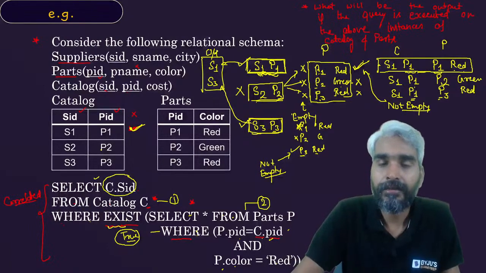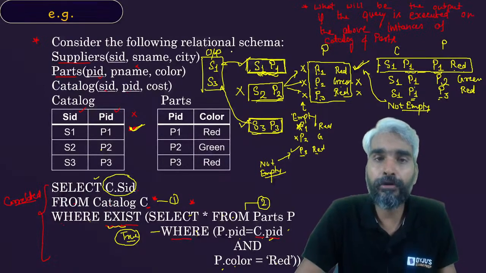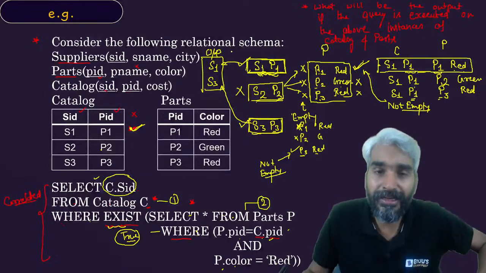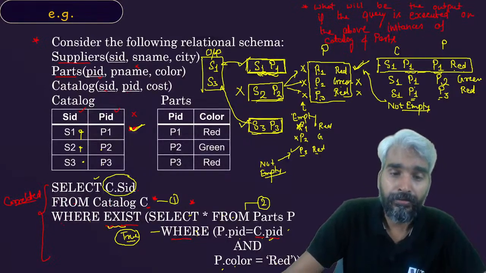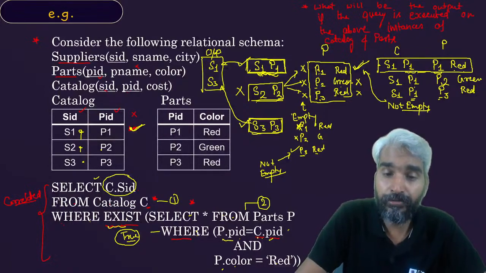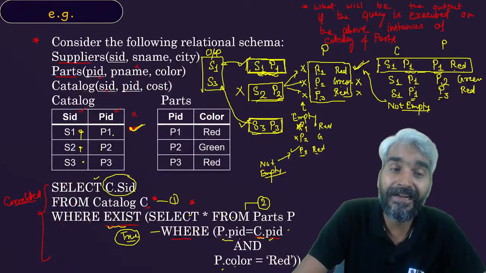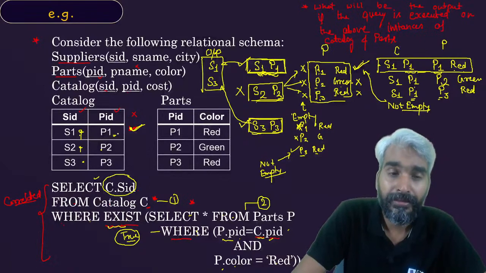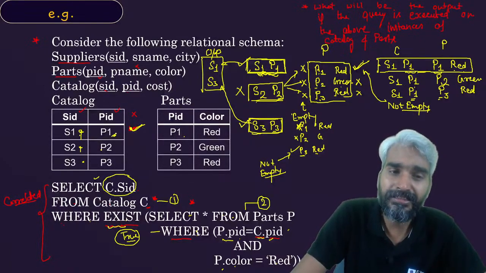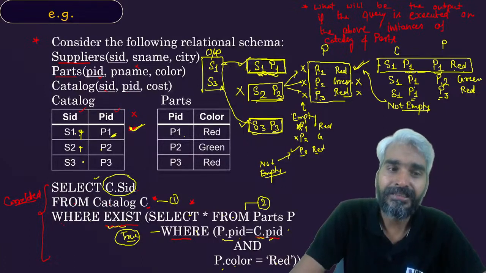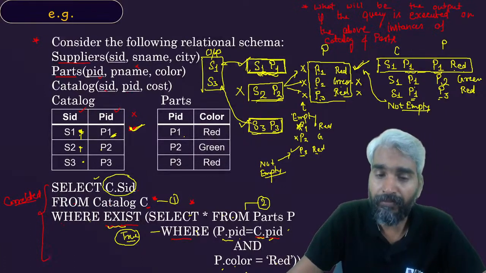Got the idea? So what is being produced by this particular query? P.PID equals C.PID means whatever PID is available in the outer tuple is being checked in the inside table. First we check whether the part supplied by the supplier is of red color.